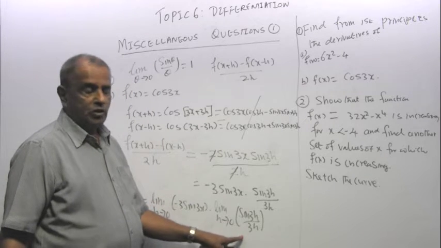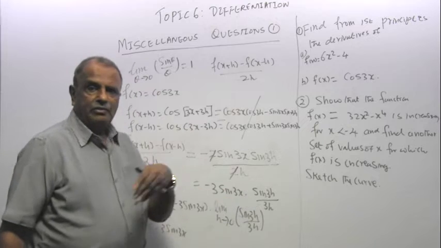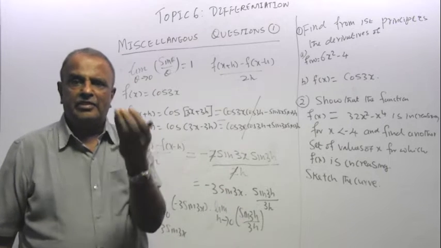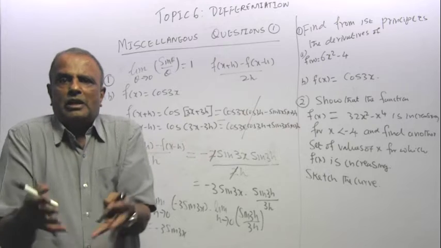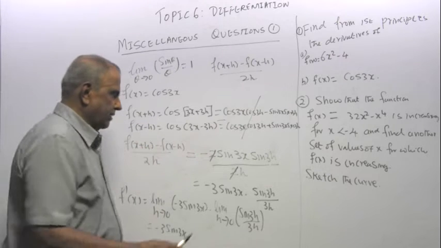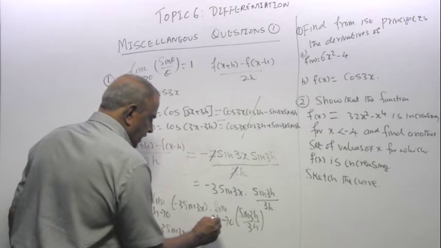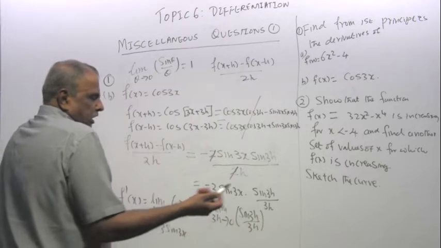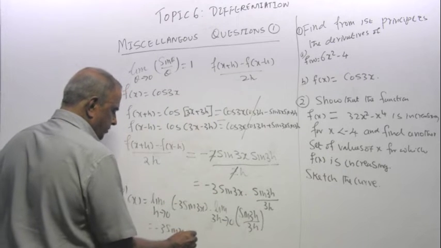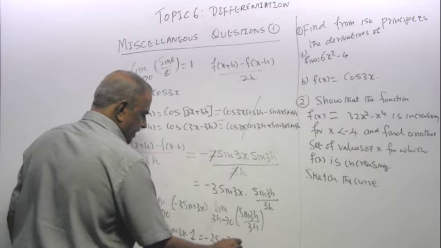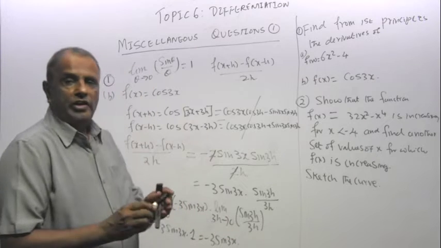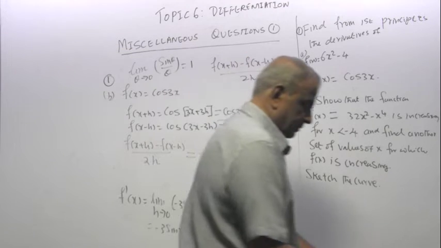But for all practical purposes, sine 3h and 3h are almost equal, so the ratio is almost 1. In fact, if you want, I can put 3h tending to 0, it wouldn't make a difference, times 1. So the answer is minus 3 sine 3x, which you know is the correct answer.